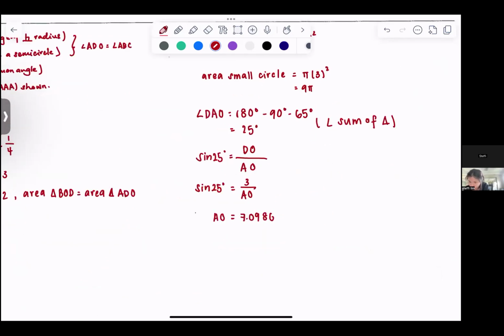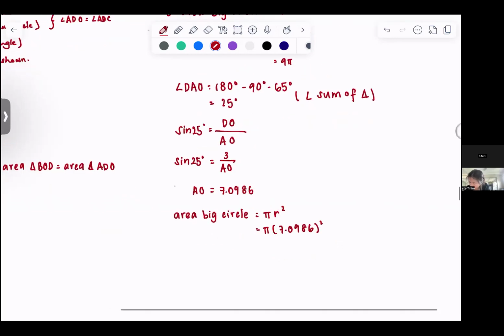So AO equals 7.0986. Now we can finally find the area of our big circle: area equals pi r squared, where r is 7.0986, whole thing squared.